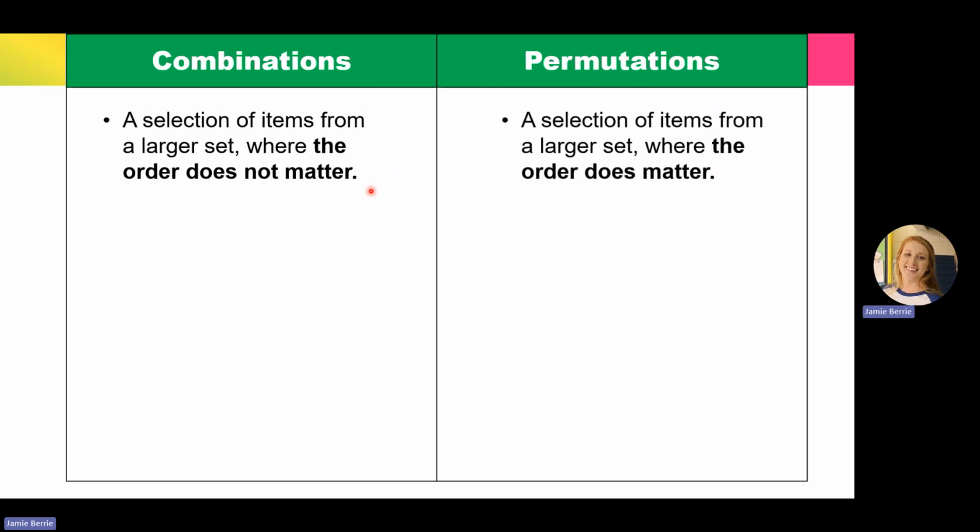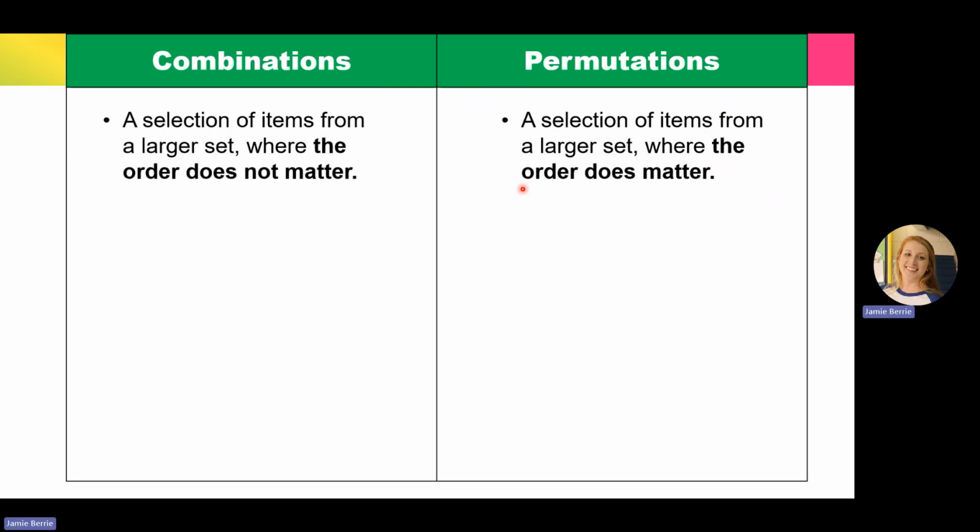So a permutation is very similar. It's still a selection of items from a larger set, but here for a permutation, the order does matter. A good example of this would be, say that we're looking at a certain event in the Olympics, and we're trying to bet on who's going to get first, second, and third place.